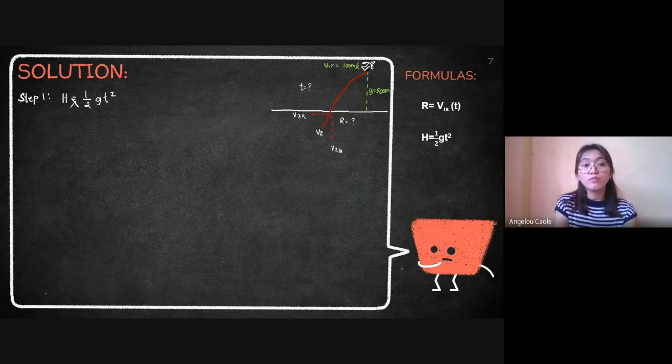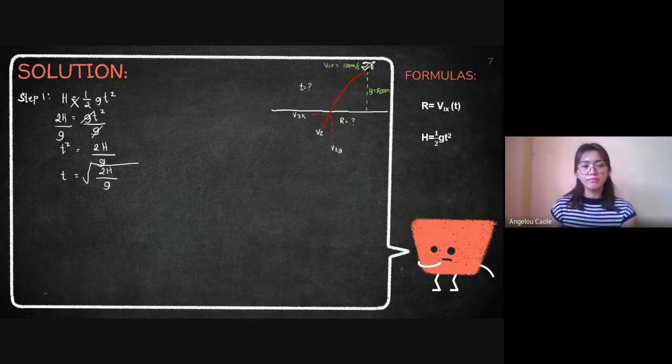First, cross multiply: 2 times h, 2h, is equal to gt squared. Now divide both sides by the value of g. Cancel gravity. So we have t squared is equal to 2h over g, or t is equal to the square root of 2h over g. After deriving the equation of time, we can now substitute.